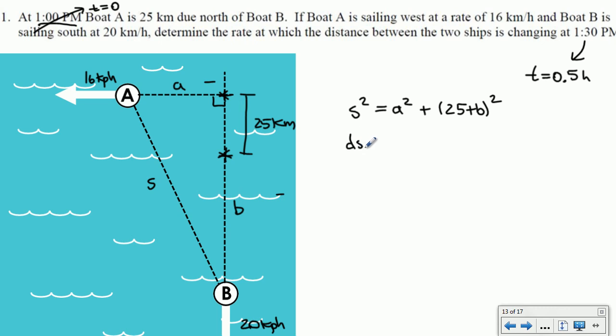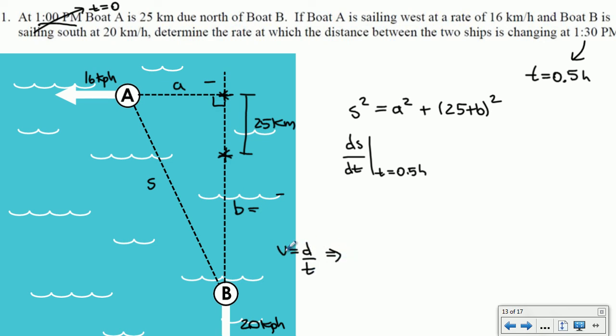We need to figure out what dS/dt is when time is 0.5 hours. We'll also need to know what A and B are at 0.5 hours. So B, because it travels 20 kilometers per hour, we can use v equals d over t. So velocity is distance over time.